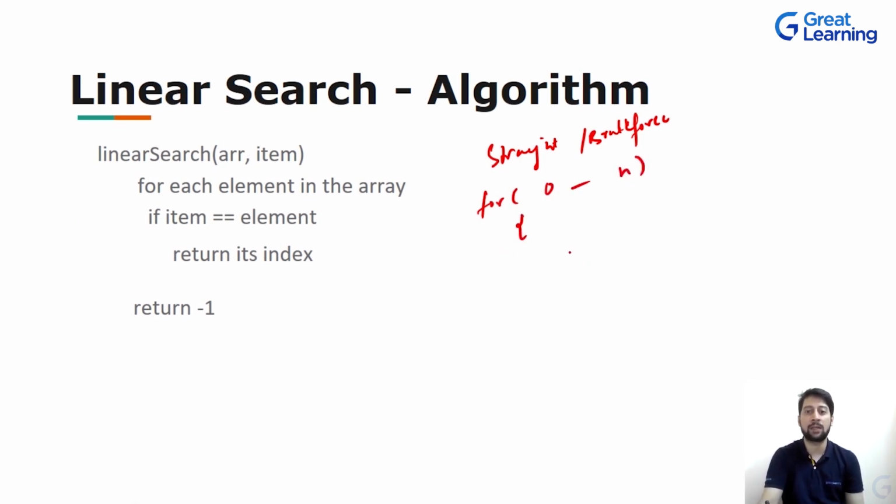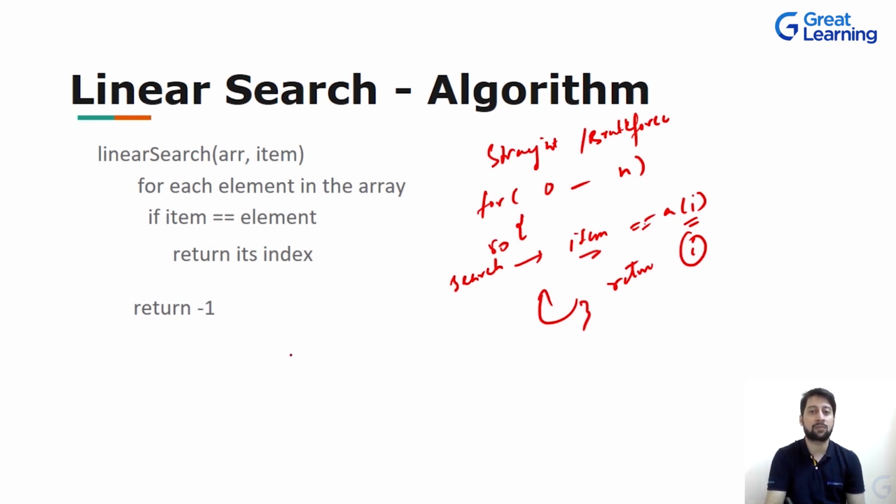Inside that, we look for the item, the element that we want to search, let's suppose 50. We check if this 50 is equal to arr of i, and if that is the case, we return its index, that is, we return i. There might also be a case where we are at the end of the array, we have exhausted the last element as well, and we were not able to find this 50.